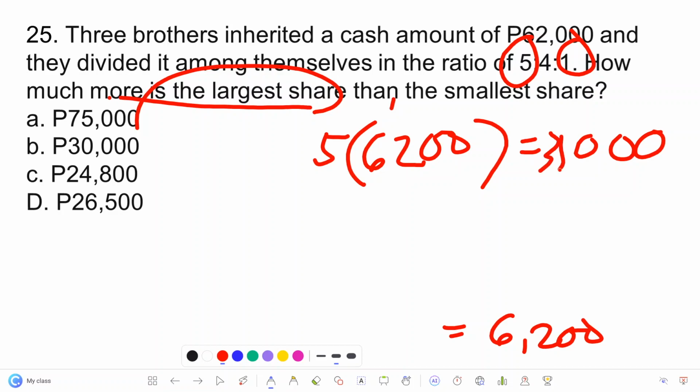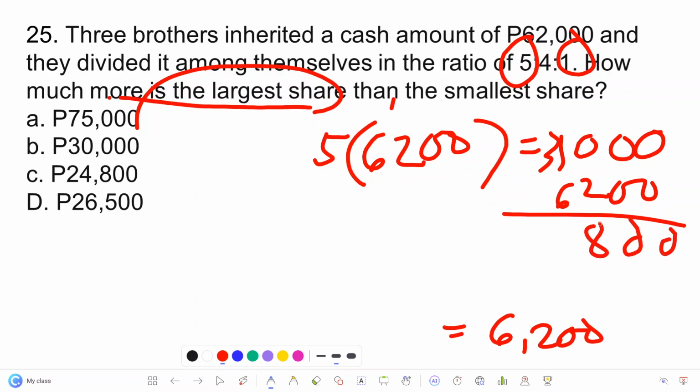Dahil ito na yung 5x mo, isa-subtract mo lang ang 6,200. Okay. 31,000 minus 6,200 pesos. This will be equal to 24,800 pesos, which is letter C.